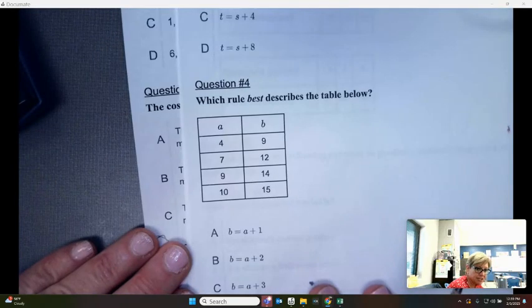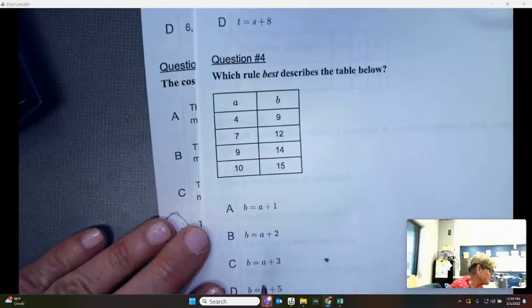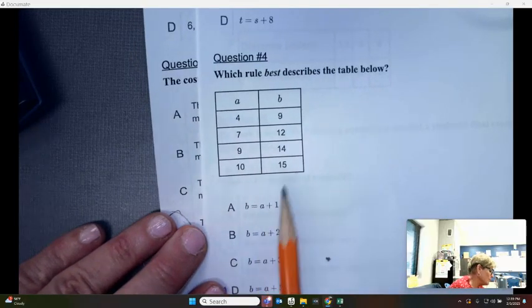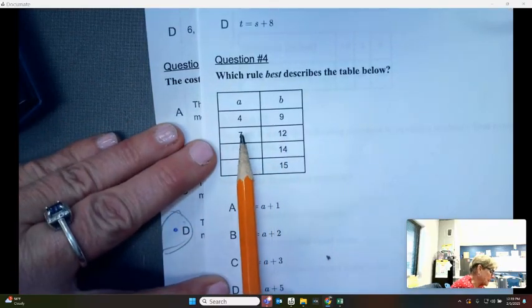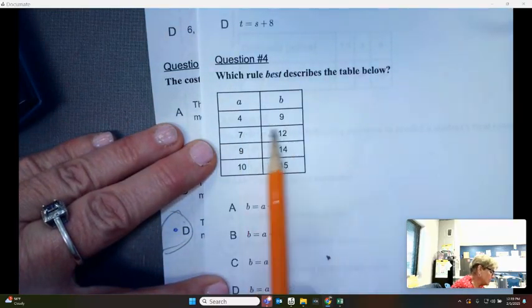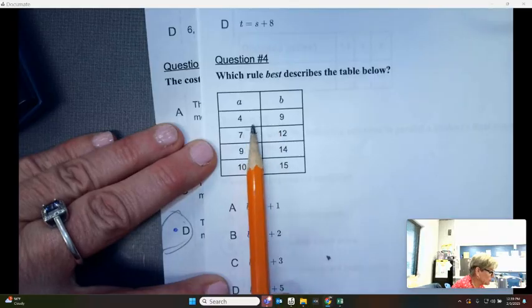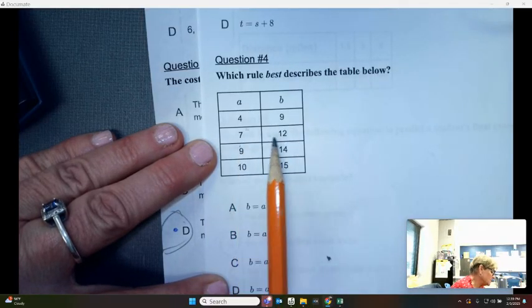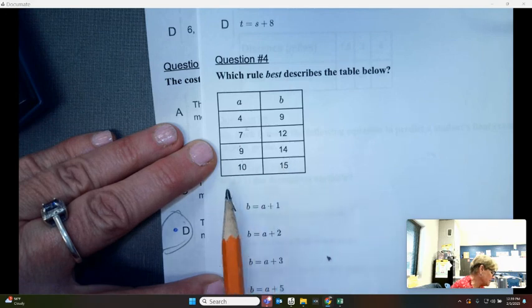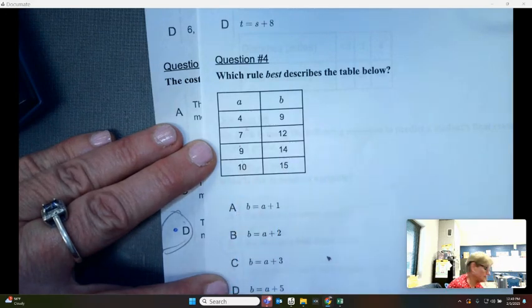All right, let's look at the connection on the next one, number 4. It says which rule best describes the table below? Well, if you look at what we have, 4 to 9, there's no regular pattern there except for maybe 4 plus 5 is 9. 7 plus 5 is 12, 9 plus 5 is 14, 10 plus 5 is 15.